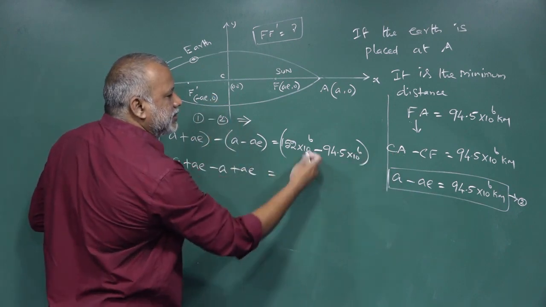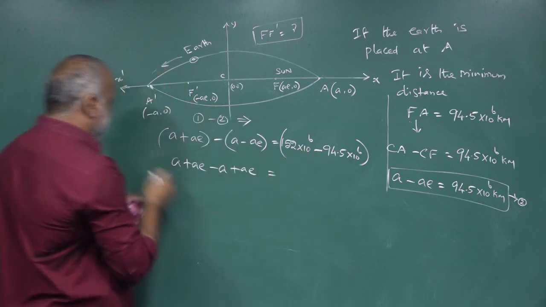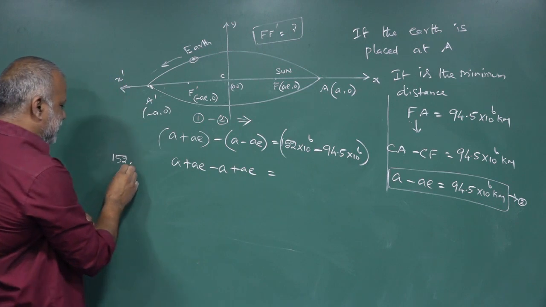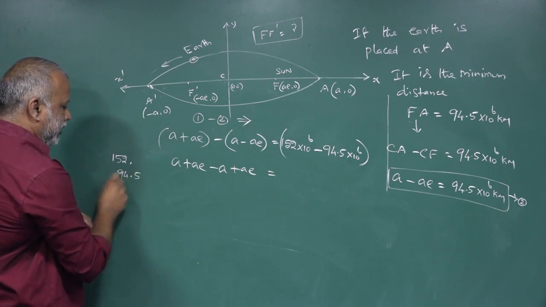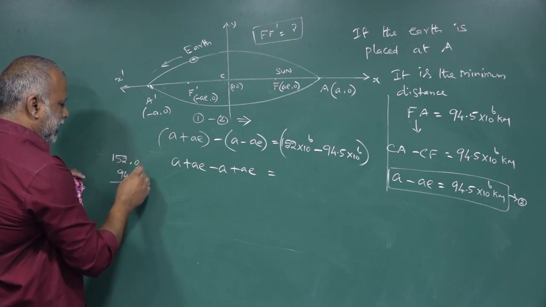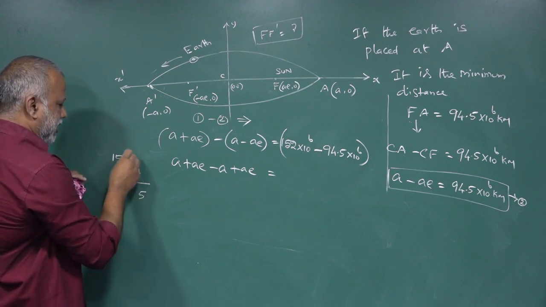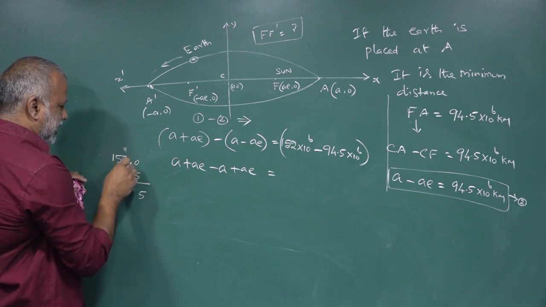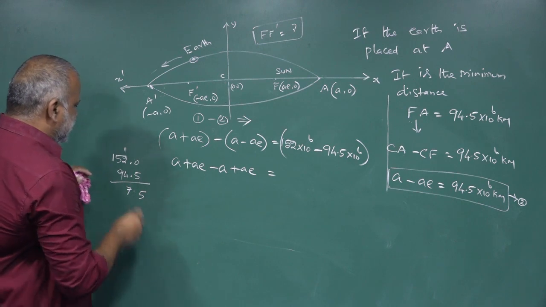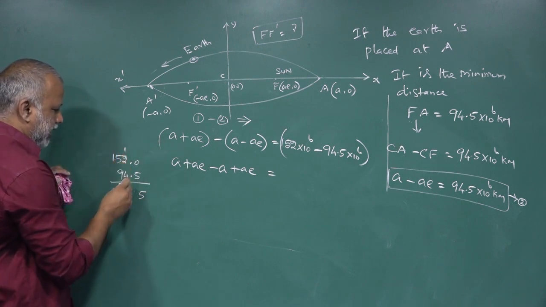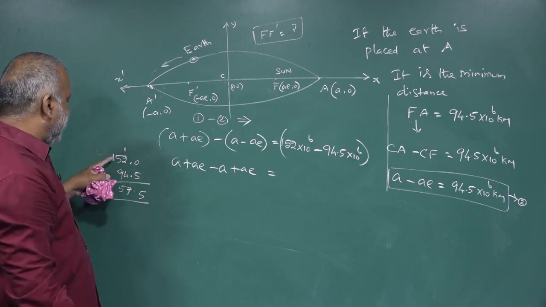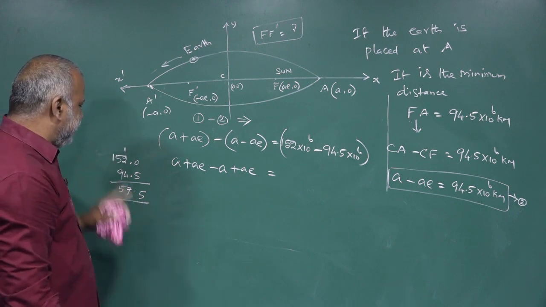Here take out 10 power 6 common. The remaining is 152 minus 94.5. So consider like this. 10 minus 5, so we are giving 1. So 11 minus 4 is 7. Already given one data here, so we are getting 14. 14 minus 9 we can get 5. So 57.5.